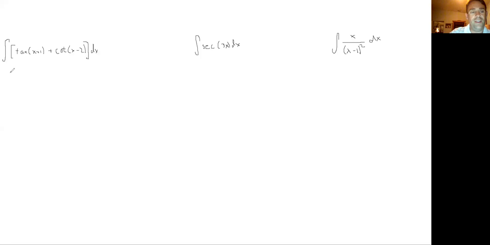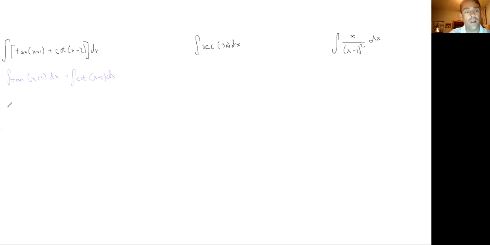All right, let's see how you did here. So first of all, if it were me, I would have broken this one up into two separate ones. I would have had tan x plus 1, and I've broken this one up into cotangent of x minus 2. Sometimes, again, it just helps to take it into pieces.